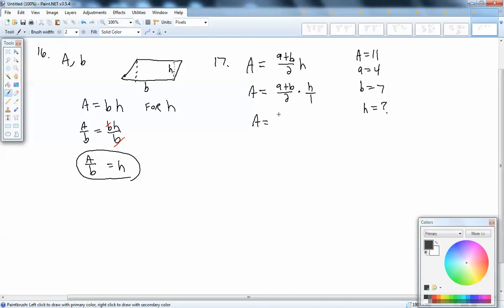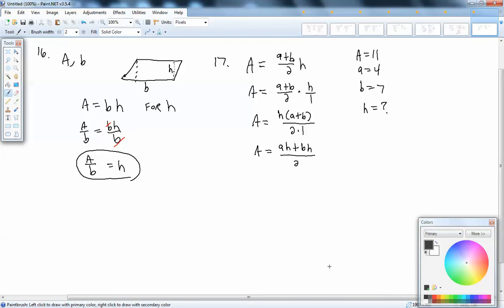And then I'll put these together. So I'll multiply the top parts, and I'll multiply the bottom parts. And multiplication is commutative, so you can flip them around. Okay, h times a is ah, and h times b is bh, over 2 times 1, which is 2.